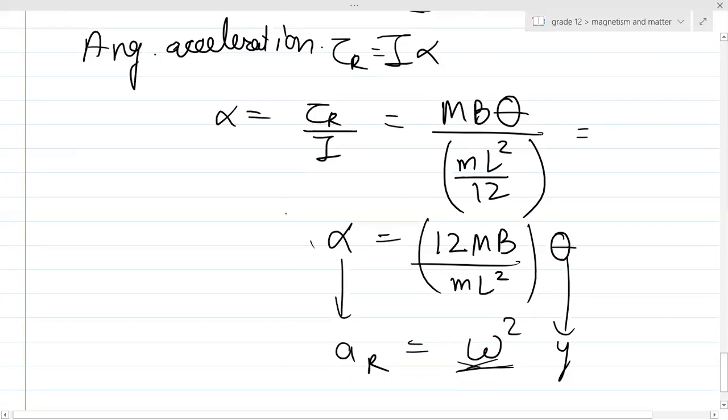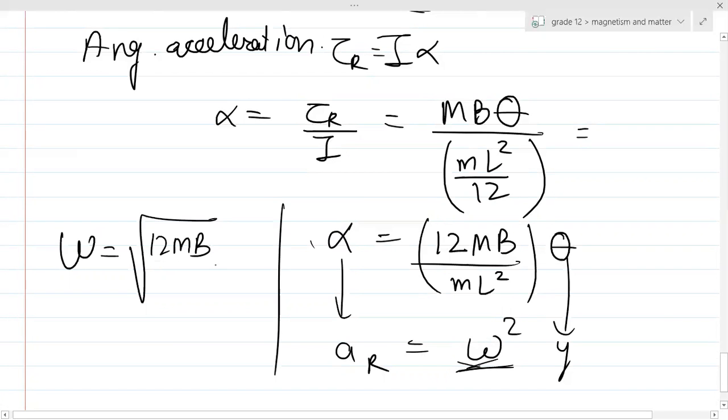Omega square. So from here, when I compare, omega will be equal to under root of 12 mB upon mL square, and from here I can find out the time period as 2 pi divided by omega, right? That will be reversed.